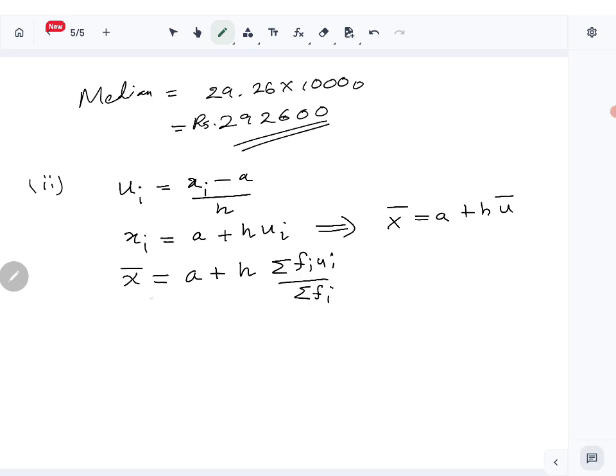So a is the assumed mean 32, h is 5, this is 63. Now we found here sigma fi was 100. So we get 5 into 63 is 315. So 32 plus 3.15?